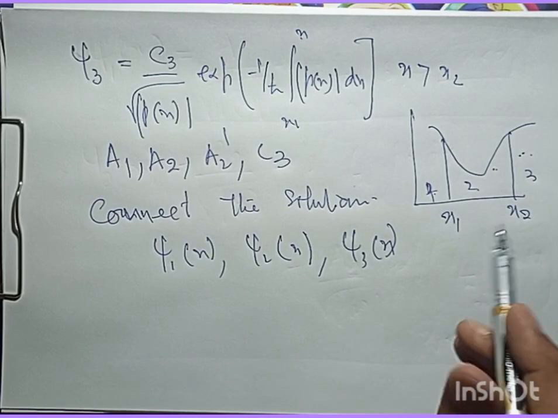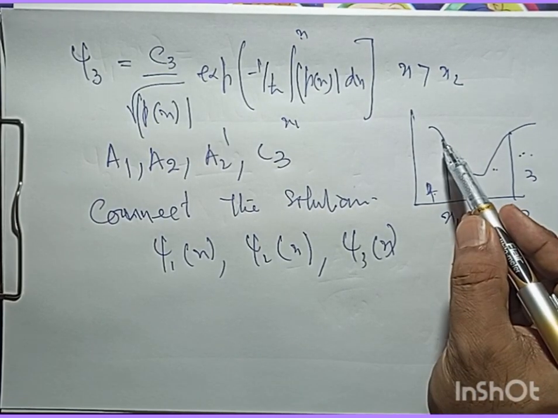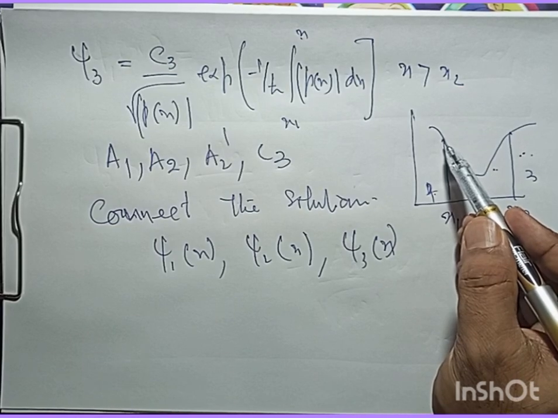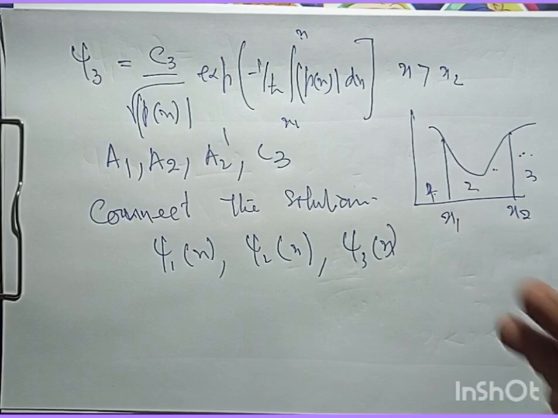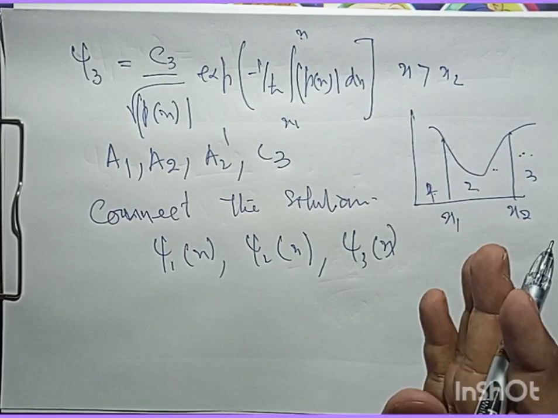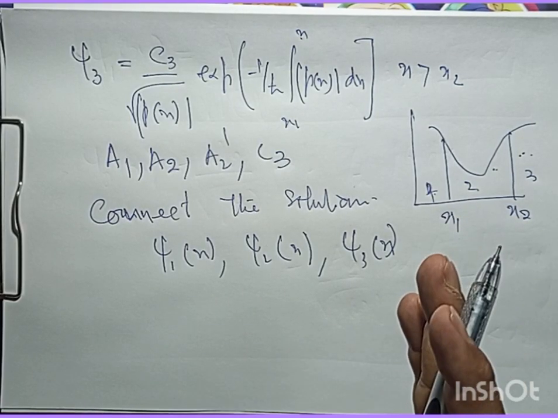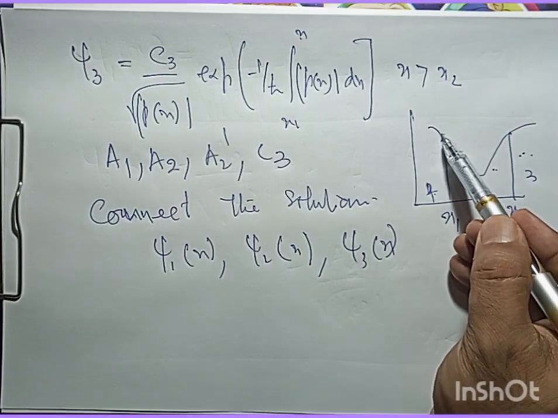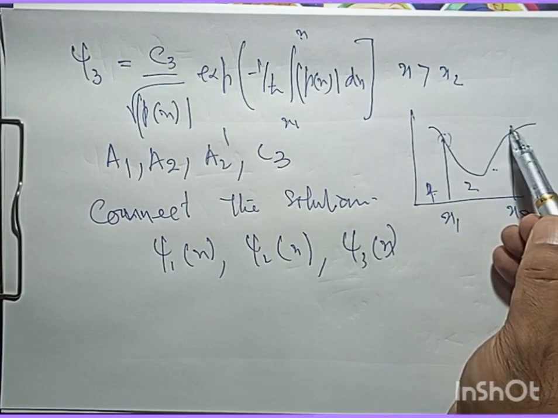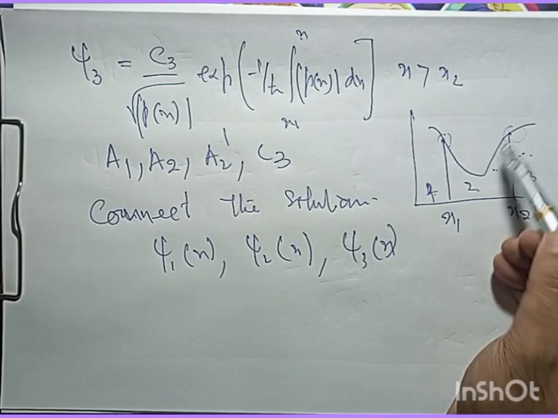And since this quasi-classical approximation breaks down at x1 and x2, we certainly need to look for some exact solutions of the Schrodinger's equation in the vicinity of x1 and in the vicinity of x2.